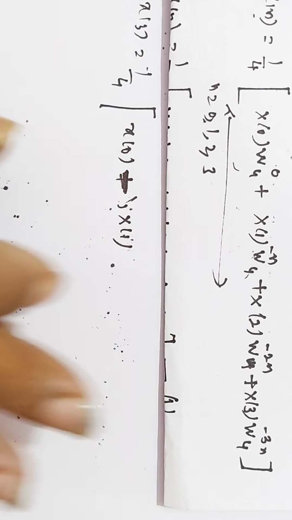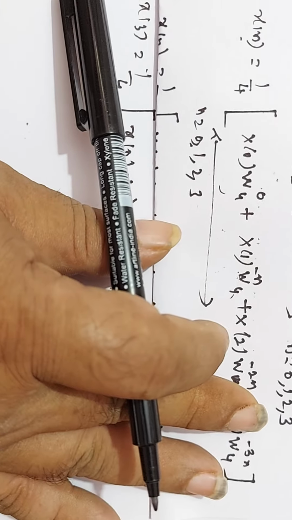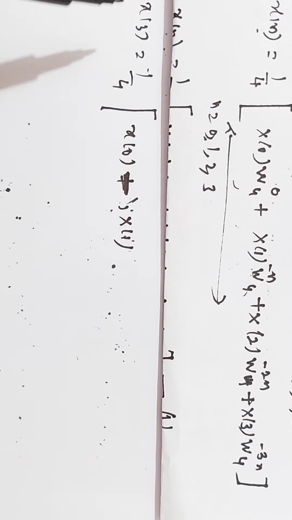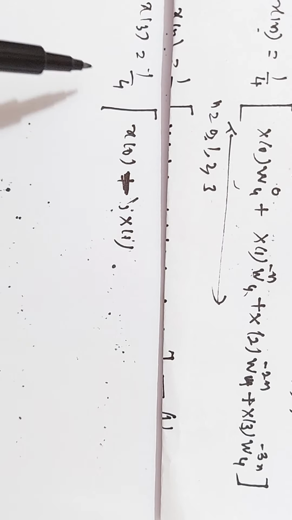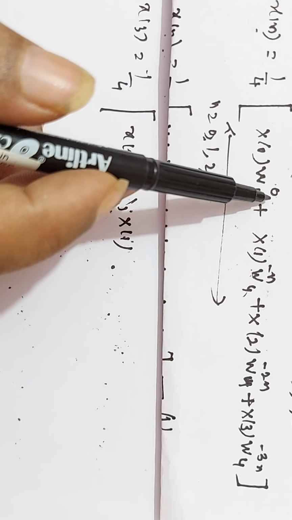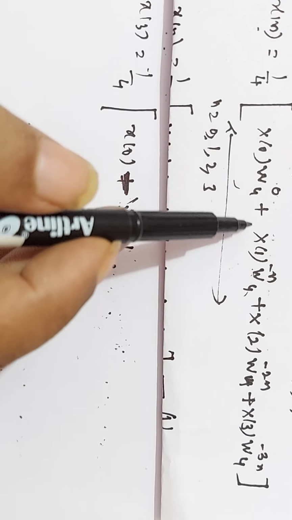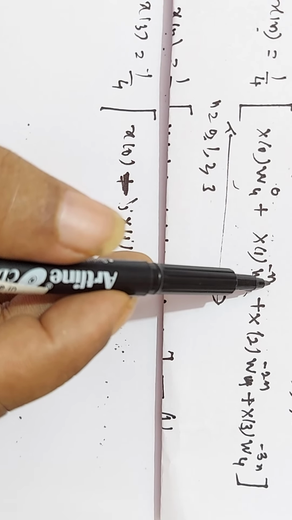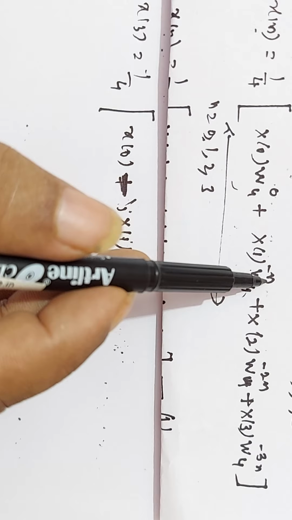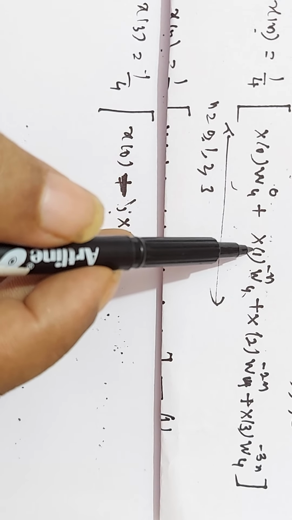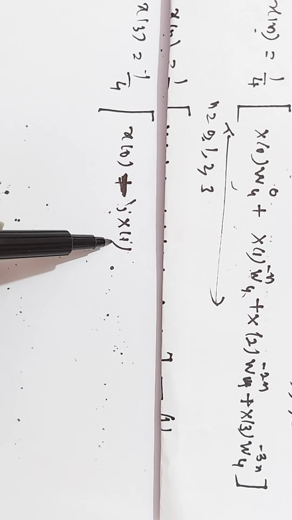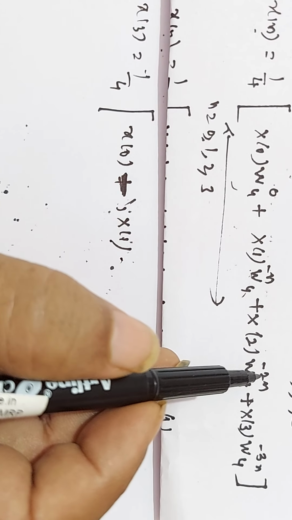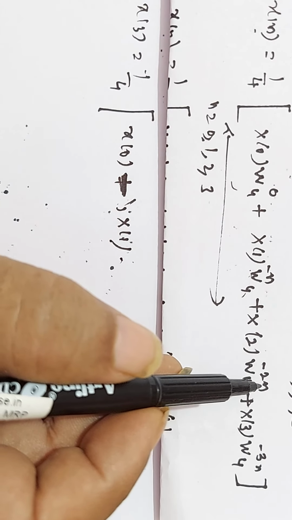So for the fourth sample, put n equals 3 in this equation. You get x of 3 equals 1 by 4, X of 0, W4^0 is 1, plus X of 1, W4^(-3), because n equals 3. W4^(-3) is plus j. Plus j into X of 1 is j X of 1, plus X of 2, W4^(-6).